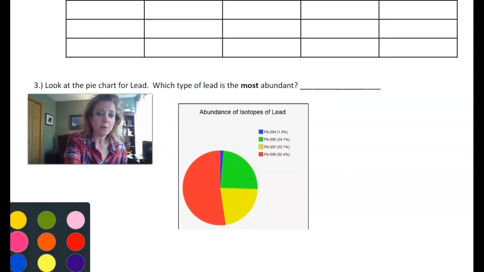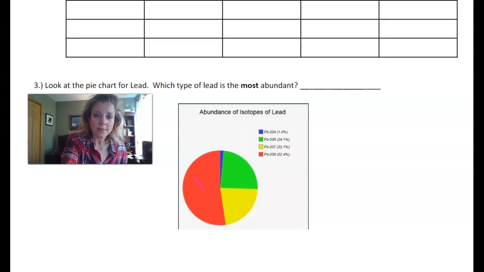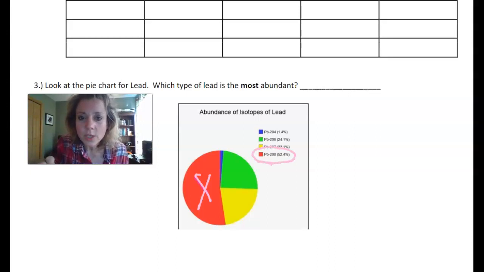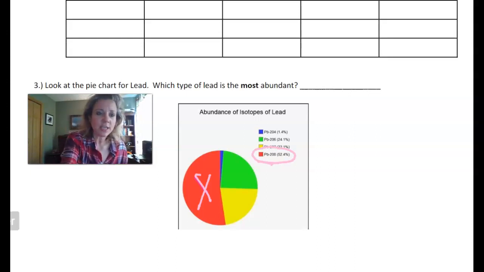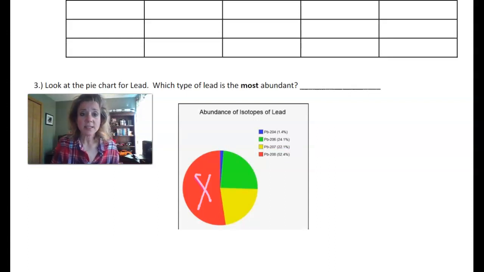That form is the one in red, which corresponds to lead-208. So the one that is actually the heaviest is the type of lead that is found most often in our universe.